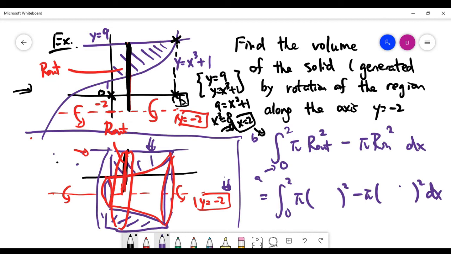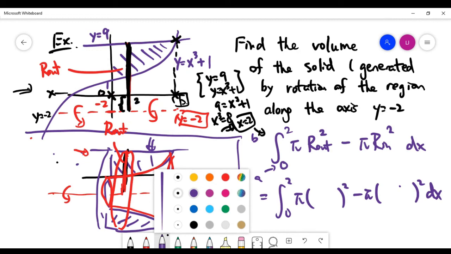And now, what is this length exactly? This part is the length between the x-axis and y equals -2, and this length is exactly 2. Which means our outer radius should be 2.